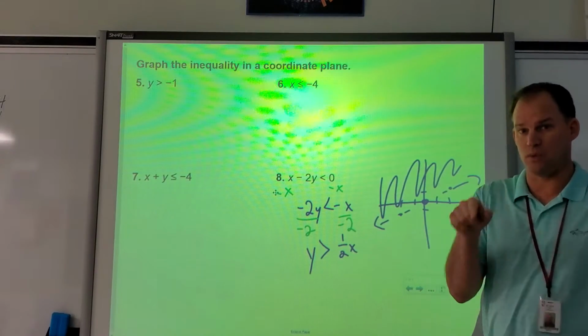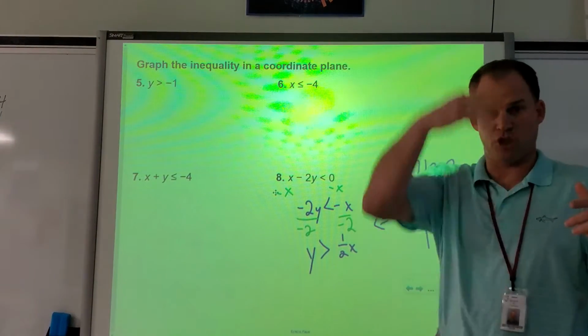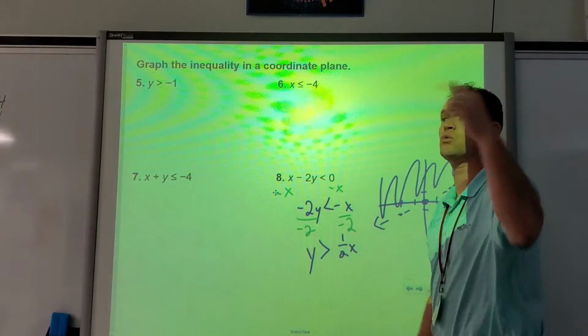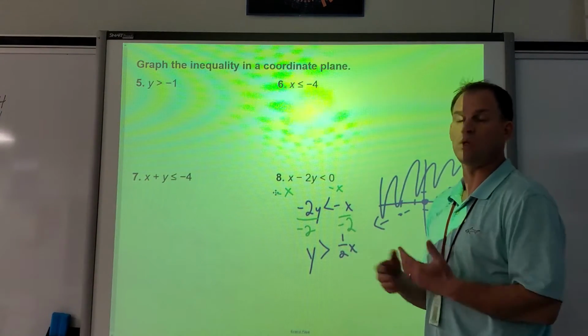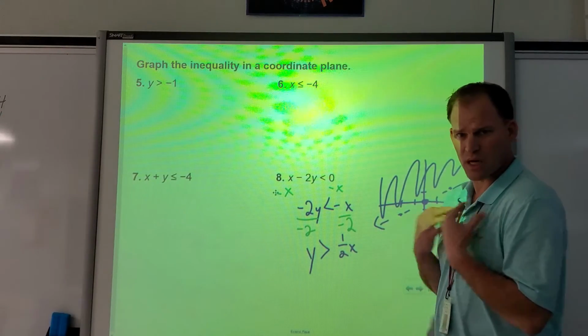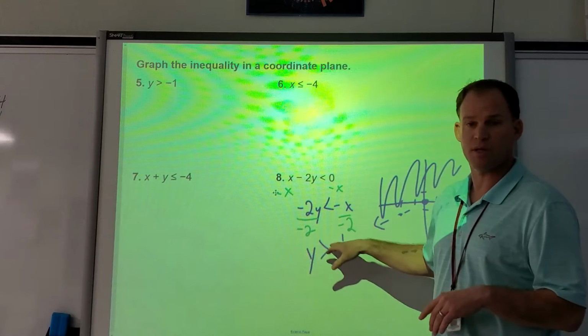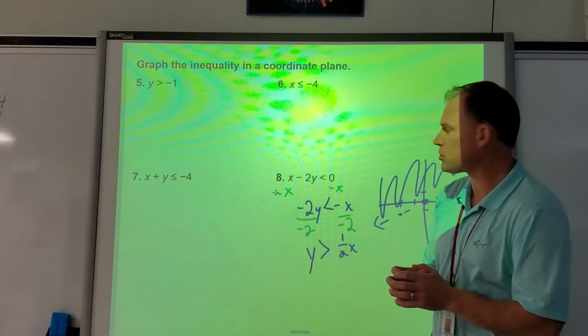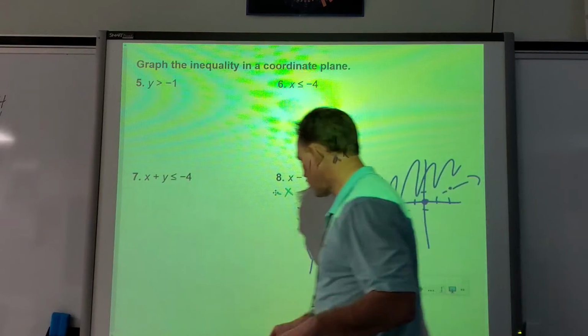You don't have to do the test point part. You just shade above or shade below. That's going to come in real handy next week when we do a little bit more with this, okay? When I do these for examples, I will be getting everything in y equals form for graphing made easier, a little faster, okay?